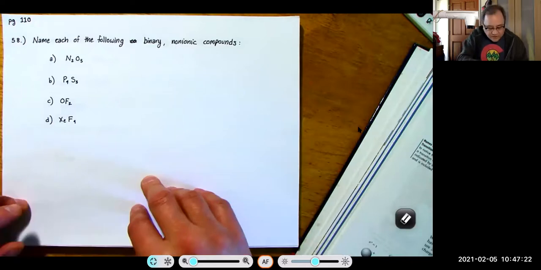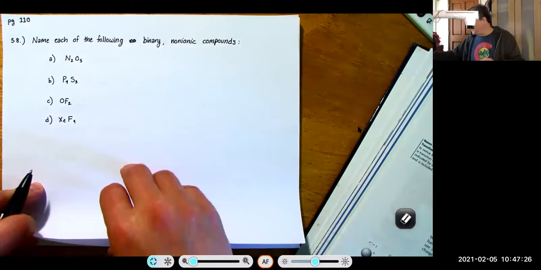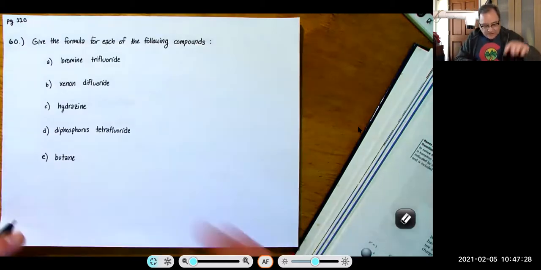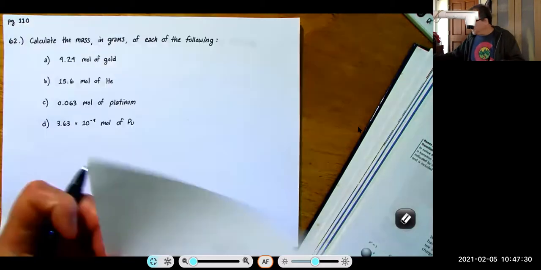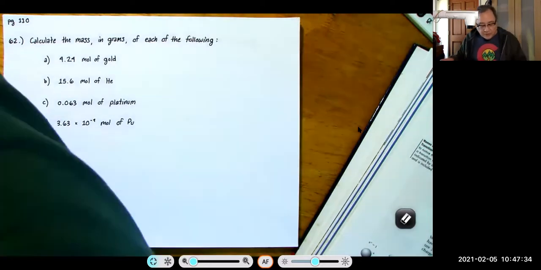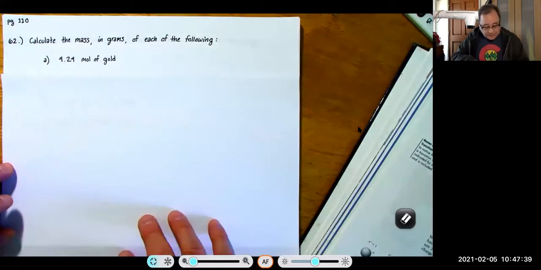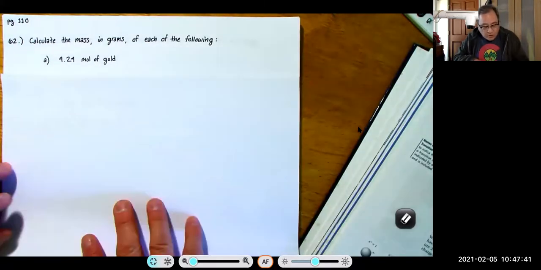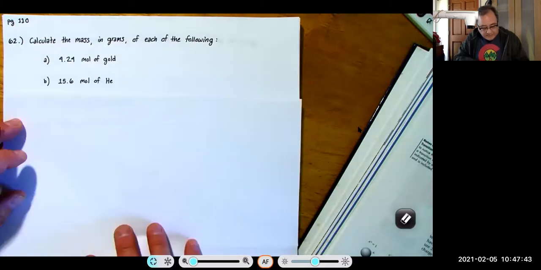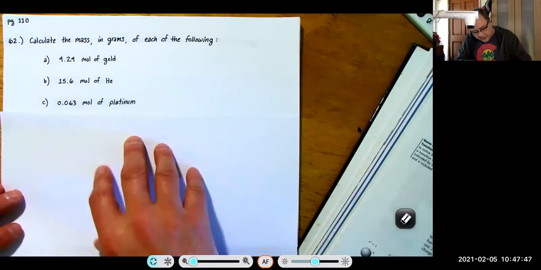So we talked about naming these compounds. We talked about doing molar masses. And this is one of those ones where it's been such a long time that we probably better do it again just to remind you. We did gold. We didn't do helium. I think we did helium. Let's do platinum. So here's platinum.